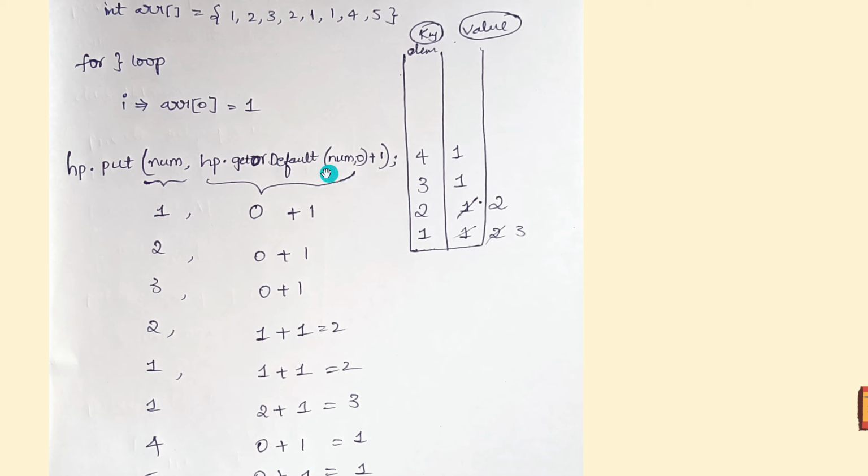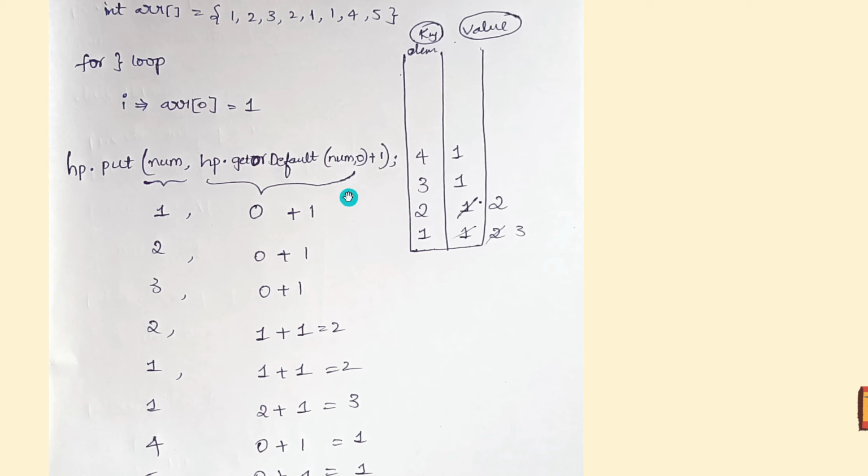The main functionality of hp.getOrDefault is that it checks if the element is present in the HashMap or not. If the element is not present in the HashMap, then it returns 0. If the element is present in the HashMap, it retrieves its frequency.